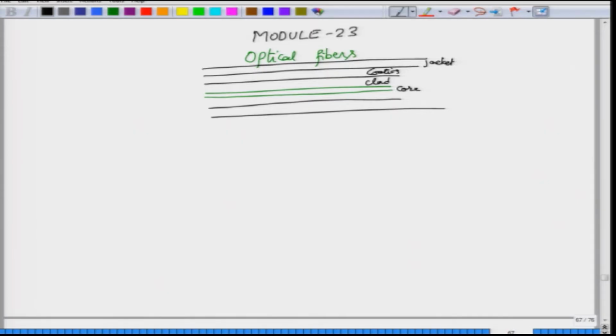If you look closely at the dimensions, you will be surprised. The dimension of the core ranges from 8 to 50 micrometers, and the cladding is usually 125 micron or rather 250 micron in diameter.